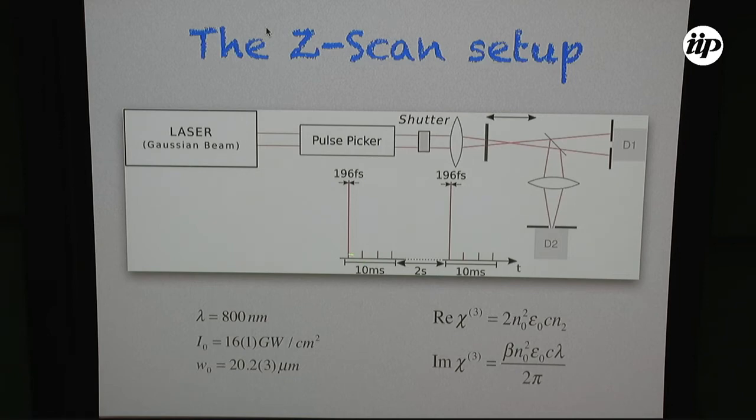This pulse speaker diminishes the intensity of the pulse by about 99%. After 10 milliseconds, we put a shutter at that position, so no light reaches the sample, and after that we restart again. So we do this periodically.